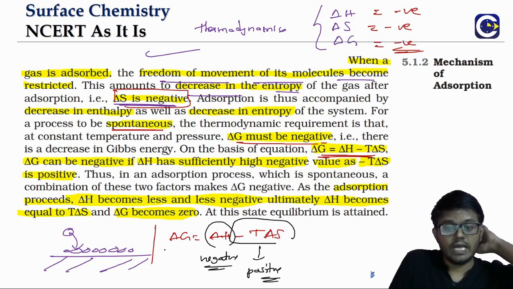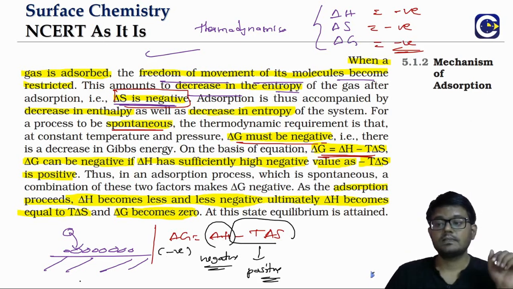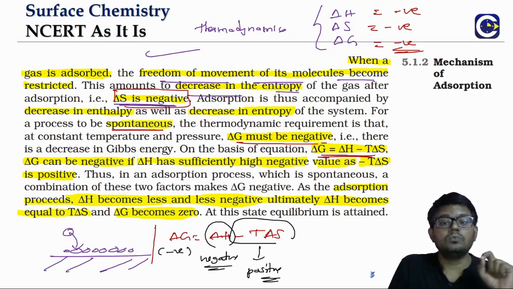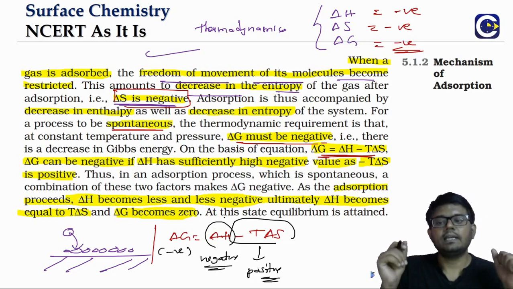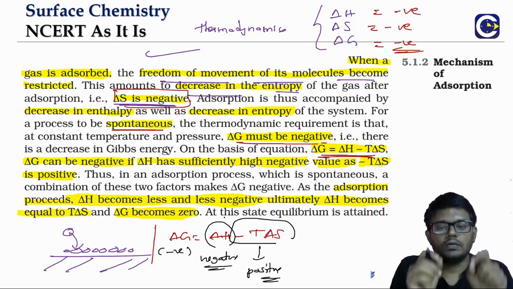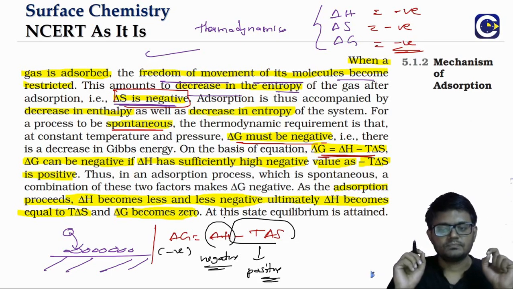So if you want delta G negative, when will that happen? It will happen when the value of delta H is more than T delta S. Only then will we have the overall delta G negative.